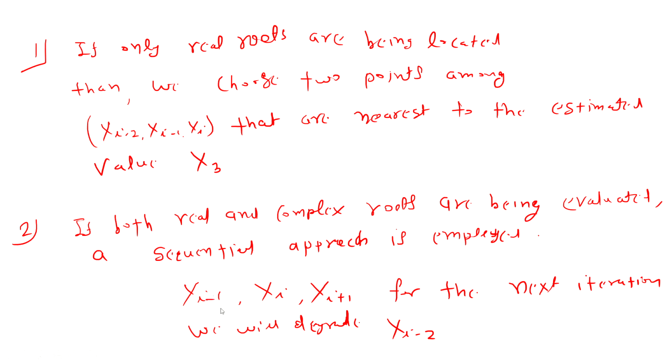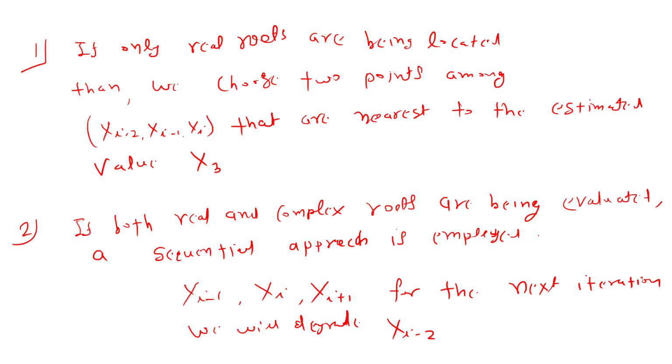So as I told you in the beginning itself, that here this Muller's method is popular for the polynomial functions only. So polynomial functions can have real roots or they can have real as well as complex roots. So if we are interested in only real roots, then our strategy will be that we will choose 2 points among the xi minus 2, xi minus 1 and xi such that the 2 points are nearest to the x3.